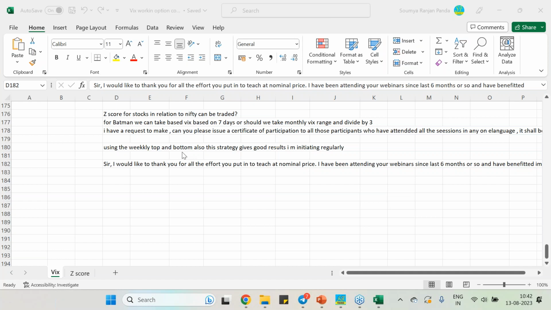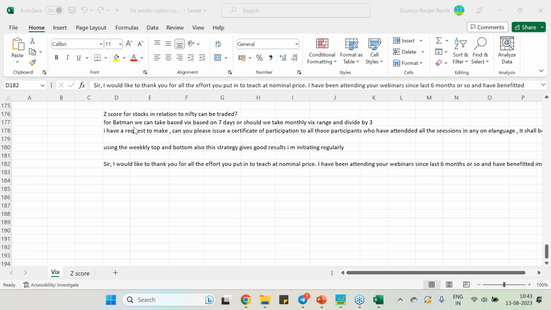It will entirely change all these studies. Confidently I can say Z score will work, expiry day strategy will work, bull call spread will work, calendar will work, everything will work, provided you take these studies very seriously.